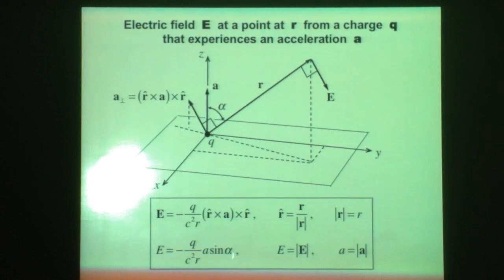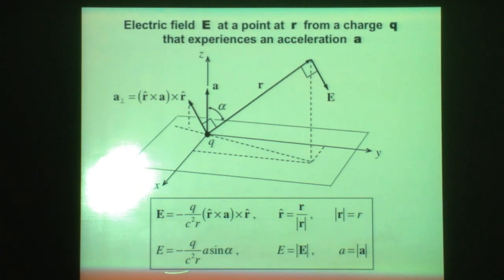The point is that the magnitude of the electric field is given by the component of the acceleration that is perpendicular to the direction of observation. So in vector terms, it's that. In just magnitude terms, it's q over c squared r, just as here, times the acceleration times the sine of that angle between the acceleration direction and the observation direction.